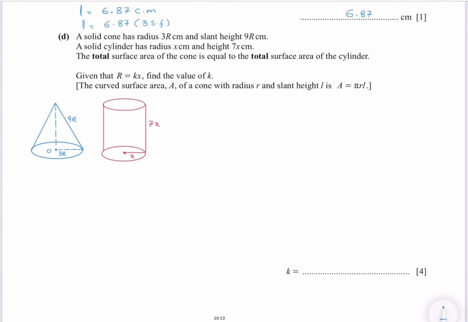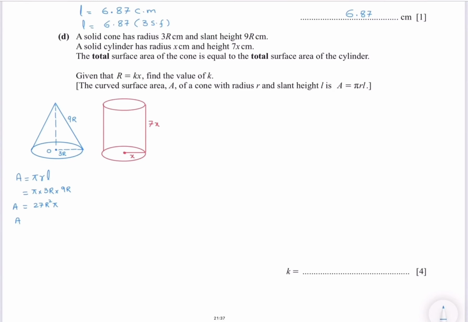So the curved surface area is pi r L, with radius 3r and L as 9r. So this is your 27r squared pi.